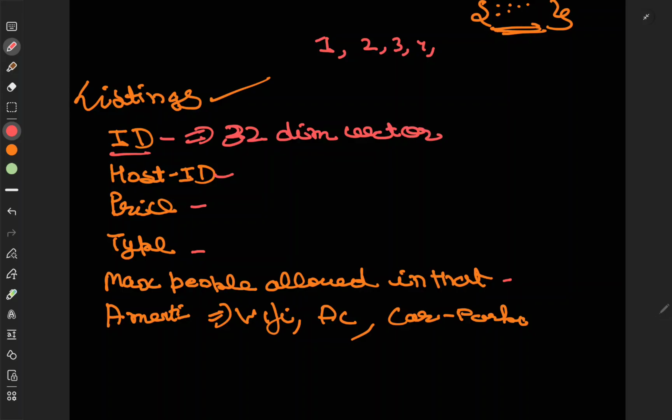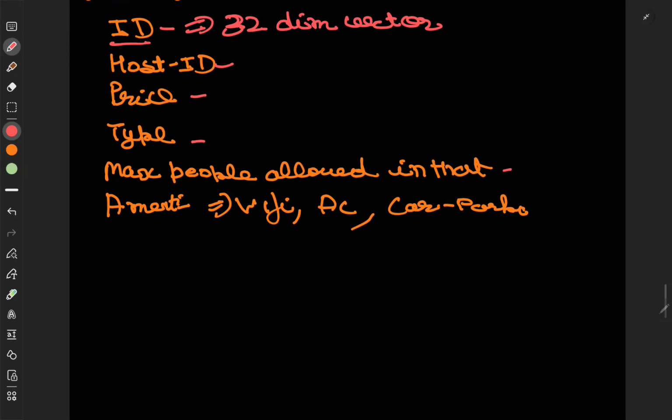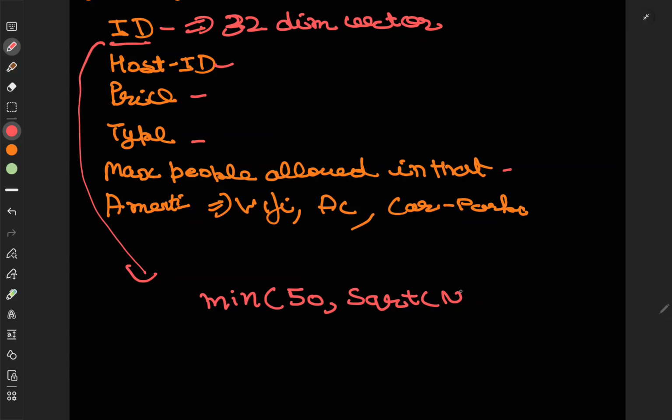Why a 32 dim vector? Generally, there is a rule of thumb that we use, that is min of n, 50, square root of n, where n is the number of listings that we have. Here the listings are like 5 million, so it would generally mean that the IDs could be represented using a 50 dimensional vector.